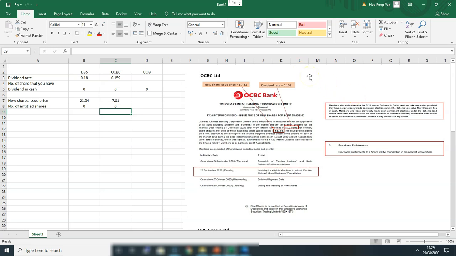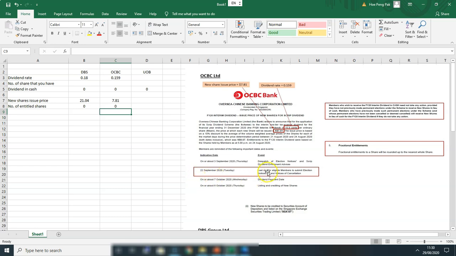Oh, before I forget, I need to let you know an important date here. On this form, if you want to receive your entitlement in shares, then please look for the date that you have to submit the election notice. In OCBC's case, you need to submit by 22nd of September.